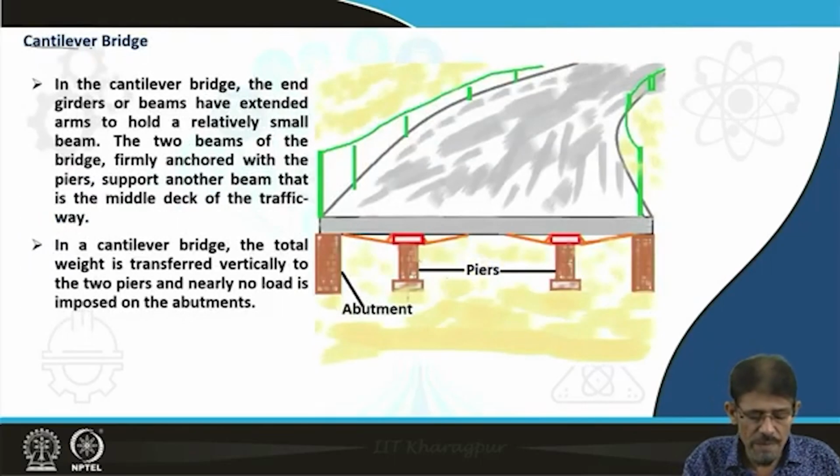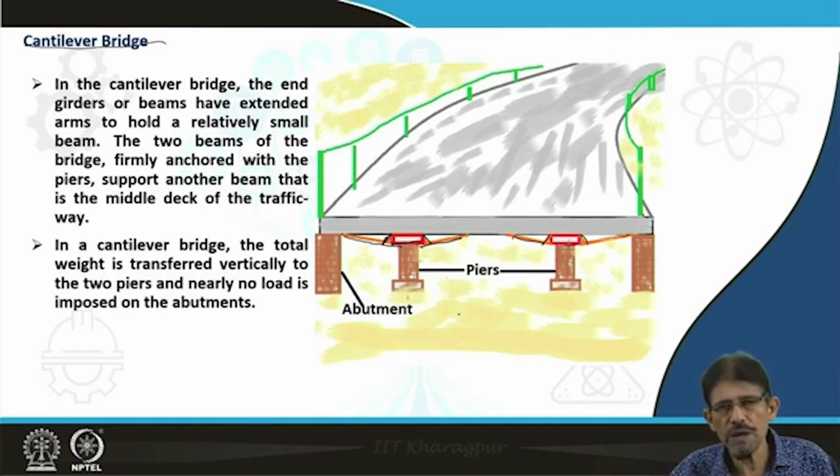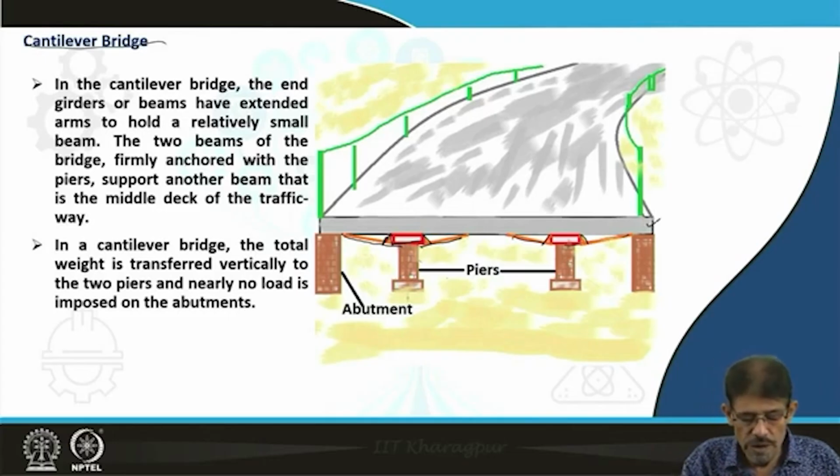Next type of bridge is the cantilever bridge. It is almost similar to the beam bridge, but due to the presence of this cantilever structure, this beam is different from a beam supported by simple piers. So in a cantilever bridge, the end girders or beams have extended arms to hold a relatively small beam.